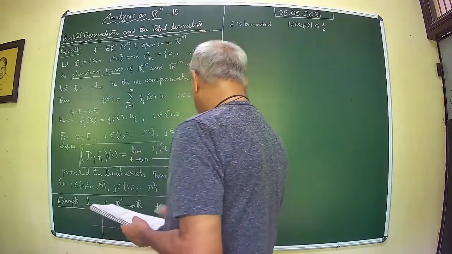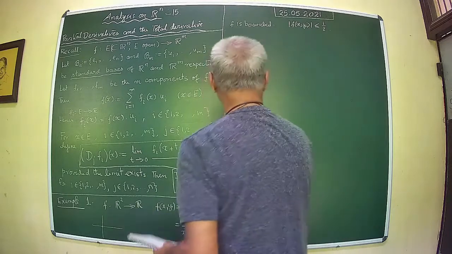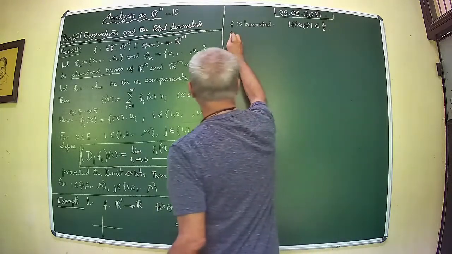From the definition you observe that x squared plus y to the power 4 is at least 2 x y squared.